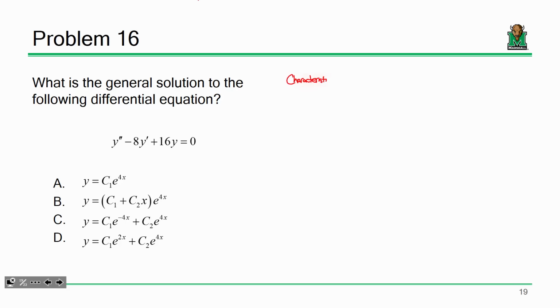Characteristic. So remember, second derivatives become r squared, first derivatives become r, plus the function's just the number. So r minus 4, r minus 4. And I get r is 4, but that's a double root.